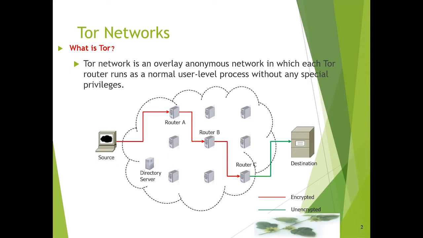The selected onion routers construct an anonymous path along which circuits are set up incrementally by applying onion routing. This figure depicts a circuit created incrementally along the path from the source to router A, to router B, and to router C. Here, routers A, B, and C refer to the entry, middle, and exit nodes respectively.